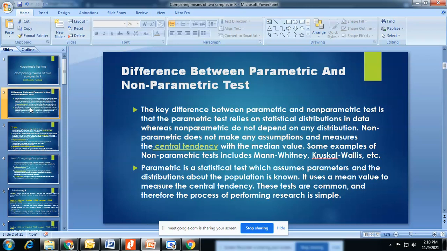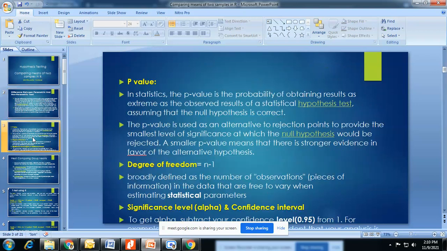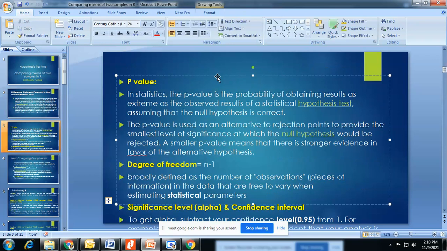It uses the mean value, all these different measures of central tendencies can be used in parametric. So that is the main difference between the parametric and non-parametric test. This we have already discussed.